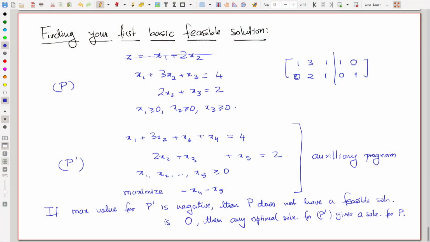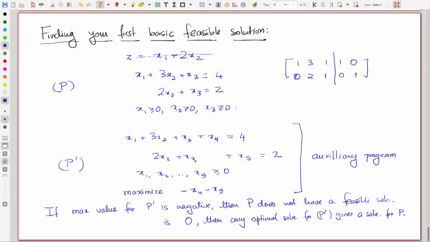So here anyway, these auxiliary variables will always be basic, because of that part of the matrix. If you look at this matrix, this auxiliary part is always the identity matrix, and if you set all these other variables to be 0, the auxiliaries will just have values equal to the right hand side.